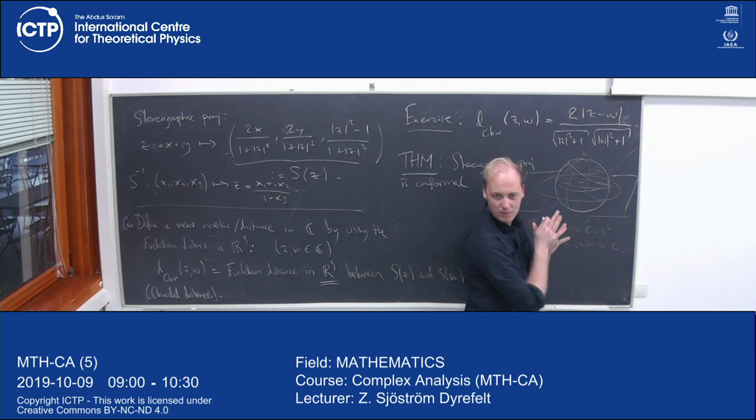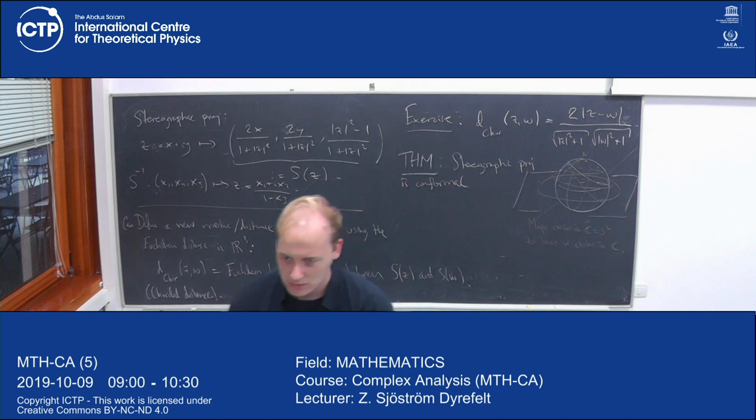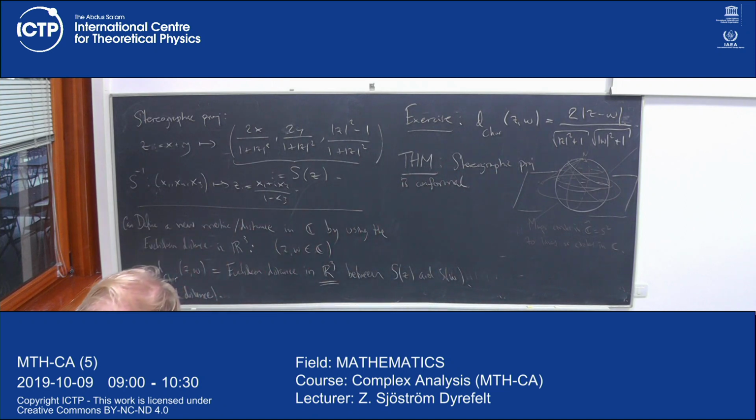You mean for the definition of stereographic projection? Yeah, this is how I defined it now actually. It still preserves the circles. So it must be. Yeah, it still does. Still should.